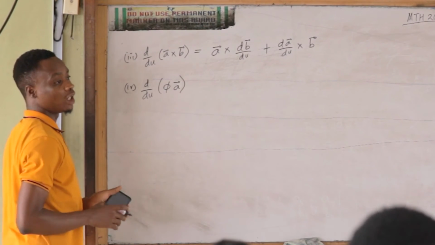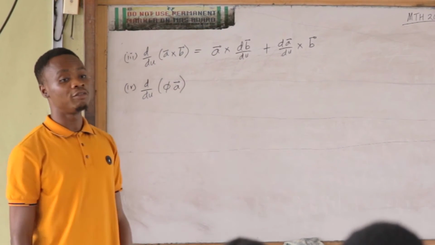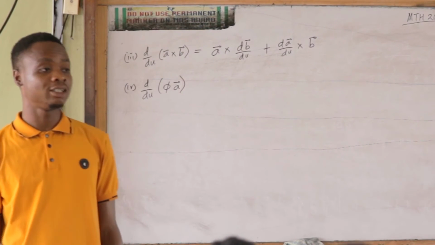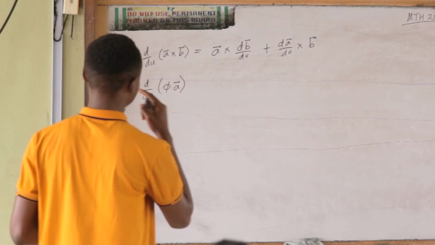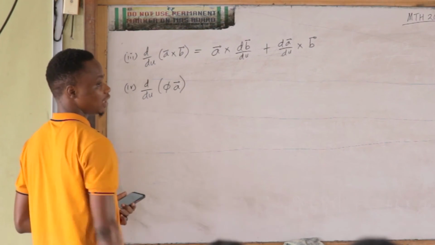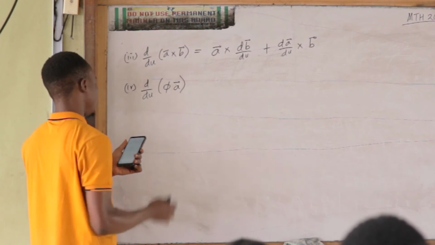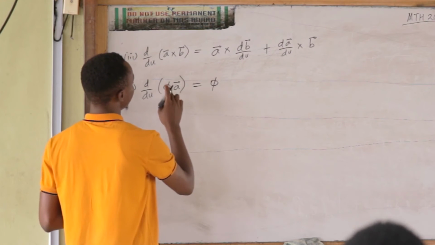Look at this expression. Phi is some scalar function, A is some vector function. So we're still going to apply our rules of differentiation. This is not a scalar constant. If it was a scalar constant, of course, we'd just move it out of the differentiation sign. So this is going to be equal to phi. I'm keeping this as constant.